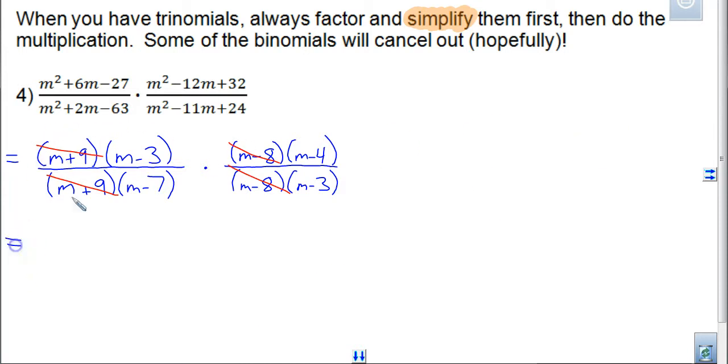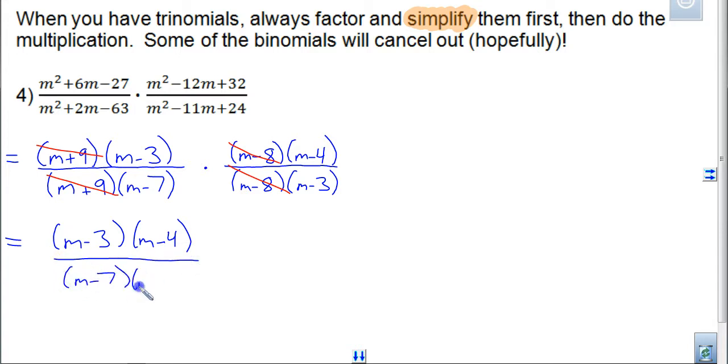Now that I've simplified both expressions, I can just multiply. I don't actually want to use FOIL here and expand at all. I don't want to further complicate things, so I'm just going to write it as m minus 3 times m minus 4 over, and then multiplying the denominators, m minus 7 times m minus 3.